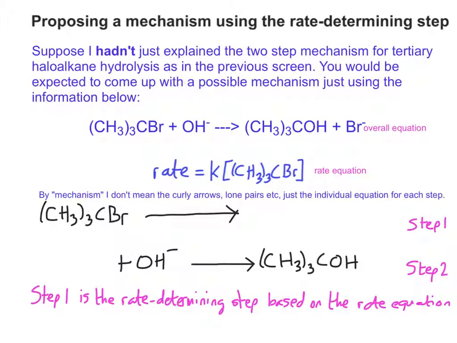So looking at the rate equation, we know that it's first order with respect to the tertiary haloalkane. So if it's first order in the rate determining step, then that means there must be one mole of it in the equation for the rate determining step. There's only one reactant in the rate determining step, so there's only one reactant in step 1.